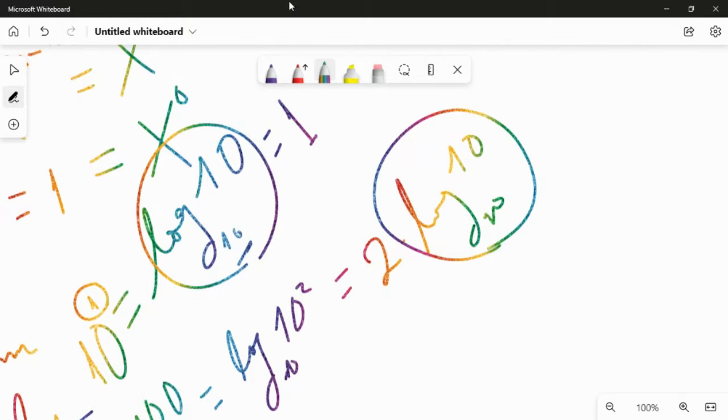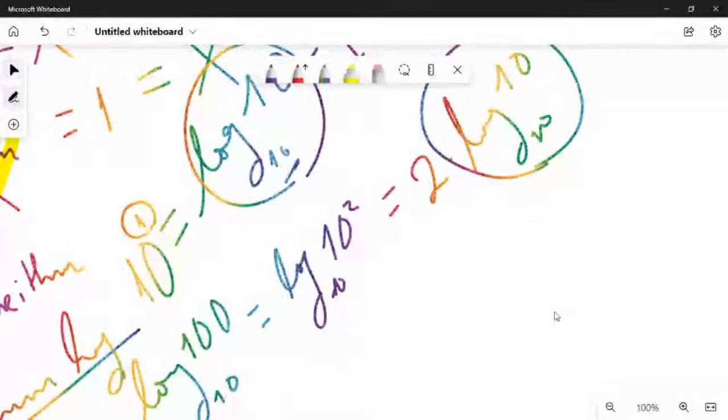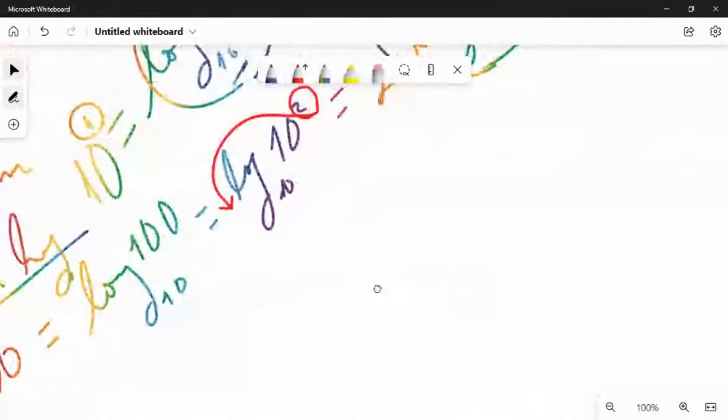And when you express it this way, one benefit is you can bring that exponent to the front like a coefficient. Now, why is it important? Think about it.